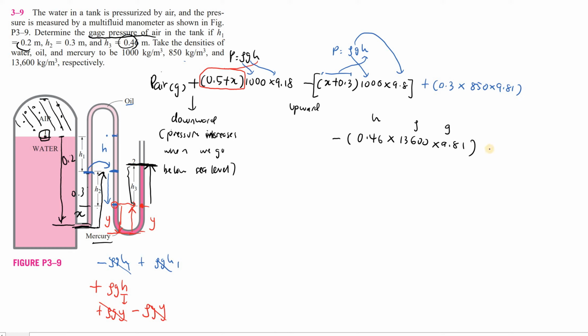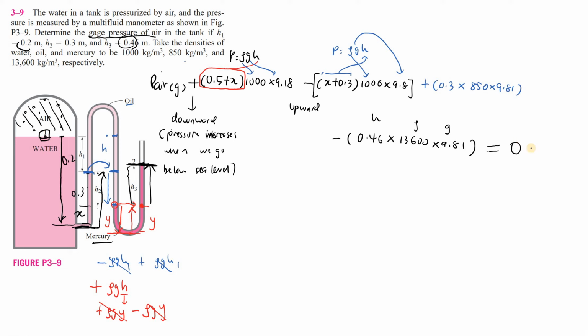Once you have reached your destination, always put an equal sign. At that point, what is your pressure? At that point, my pressure is 0 gauge, because I want to maintain my answer in the unit of gauge pressure.